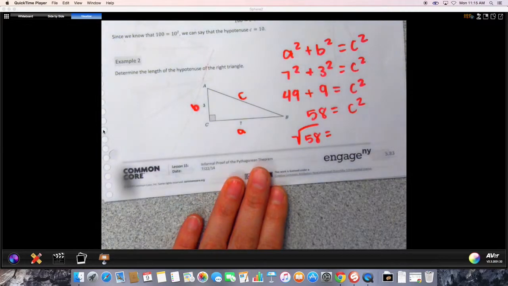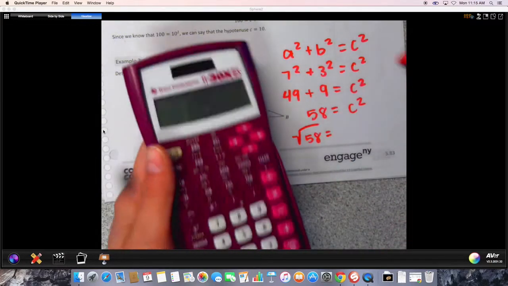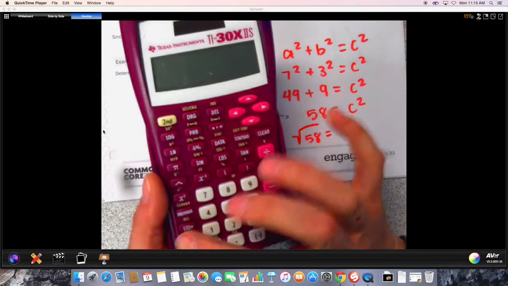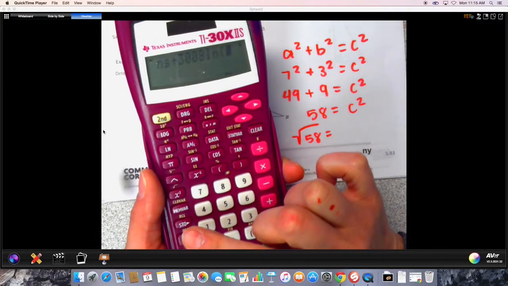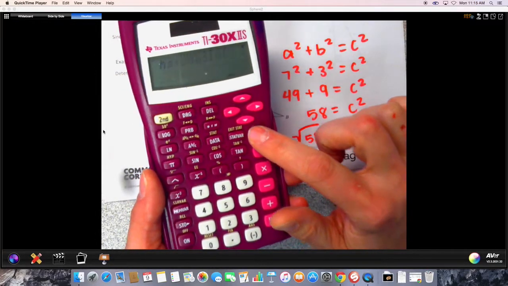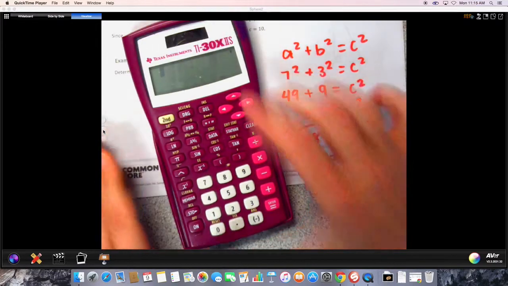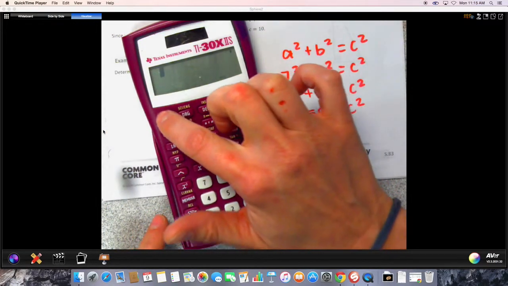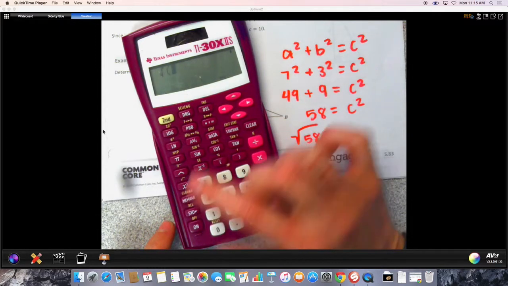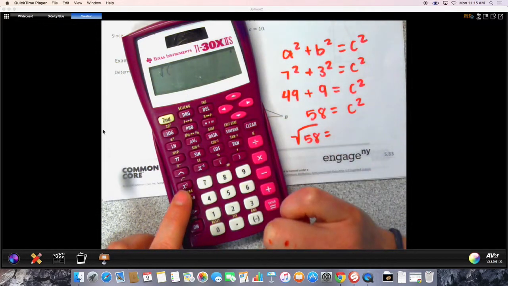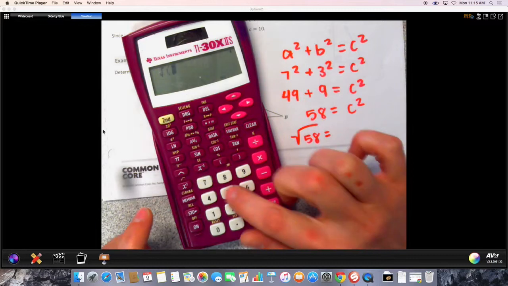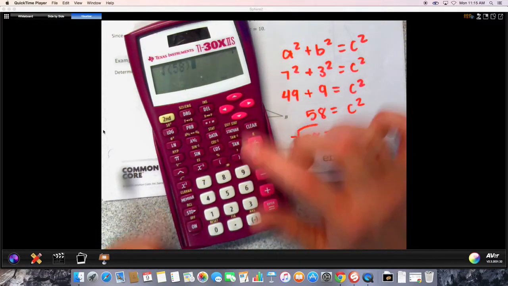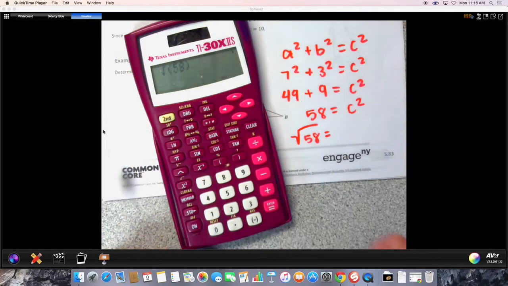And I'm going to show you on the calculator because this is going to require some rounding now. Okay, so if we have our calculator turned on, I have to clear mine out. On this calculator, I have to press second square root here. That's above the x squared, which is on lots of them. 58, and you want to end the parenthesis. If you're in a scientific calculator, it'll start with a parenthesis, you have to end it.